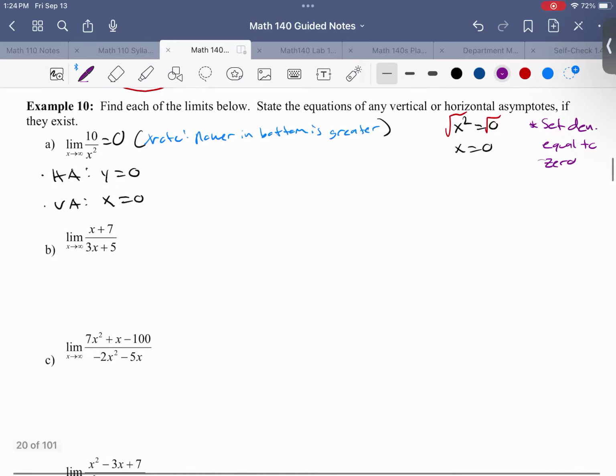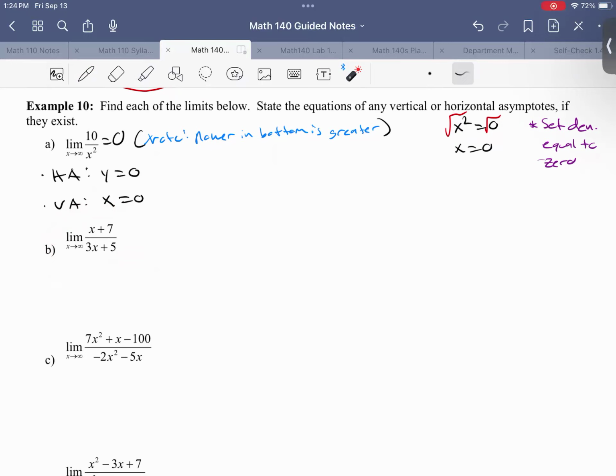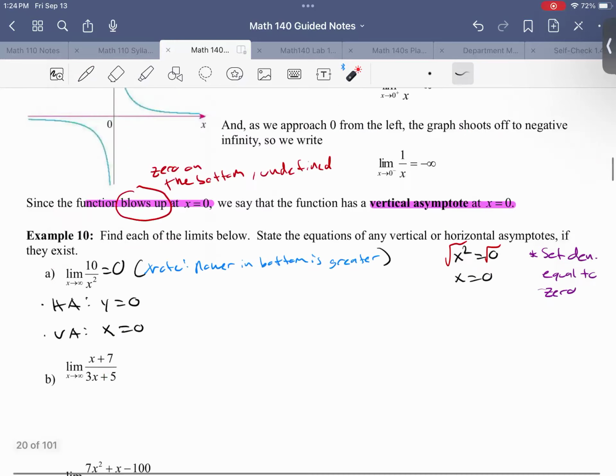Okay, so let's check out this next one. So if we look at this, limit as x goes to infinity, x plus 7 over 3x plus 5. So if we look at the highest powers in the numerator and denominator, the highest power here is just an x, and the highest power here is just an x. So they have the same power. And what that means is that we're going to take the ratio of their coefficients.